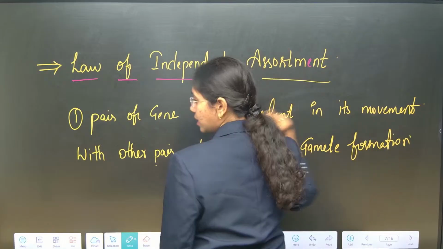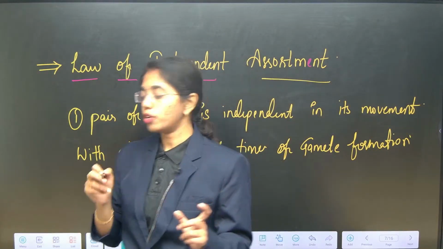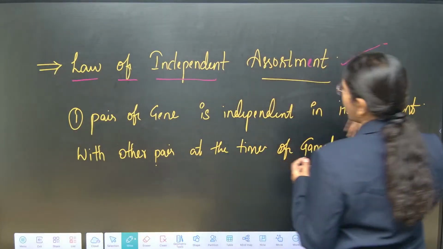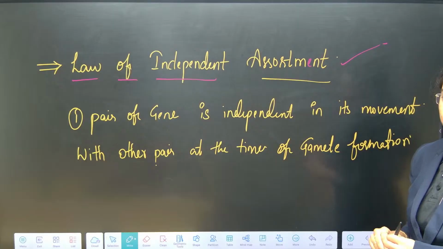You can simply say the segregation of one pair is independent of that of the other pair. That is the law of independent assortment. This happens during gamete formation.